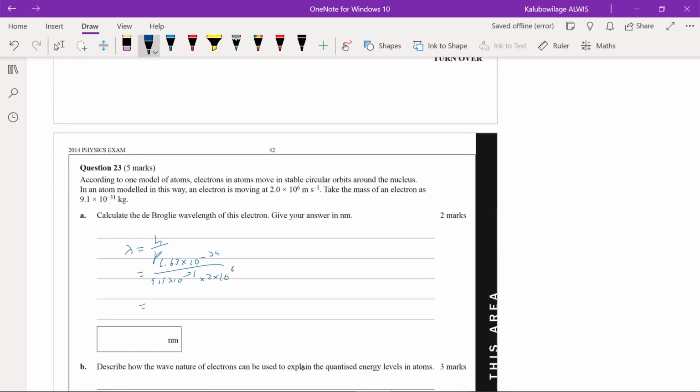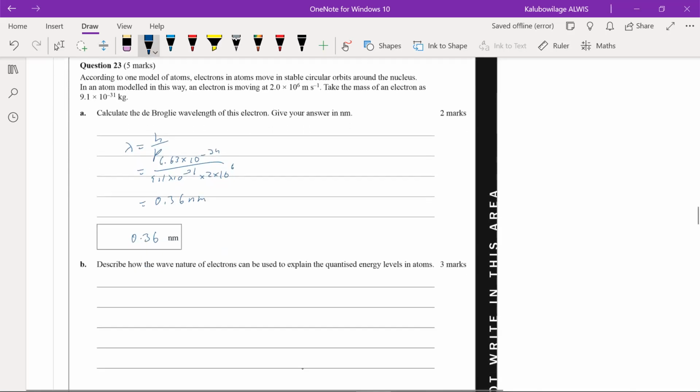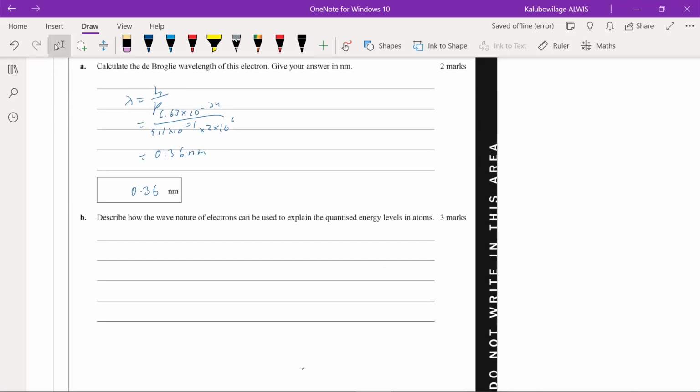Gives us 0.36 nanometers. And for the wave used to explain the quantized, okay, we're talking about standing waves now.